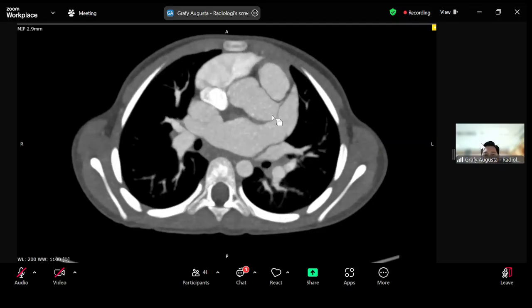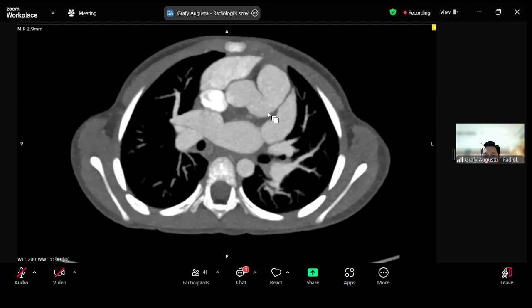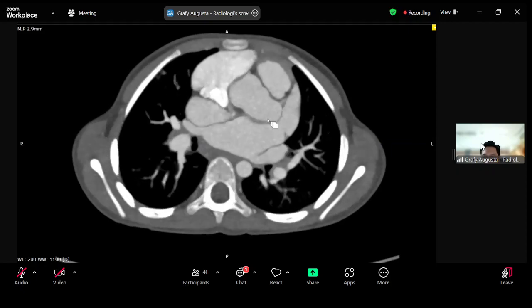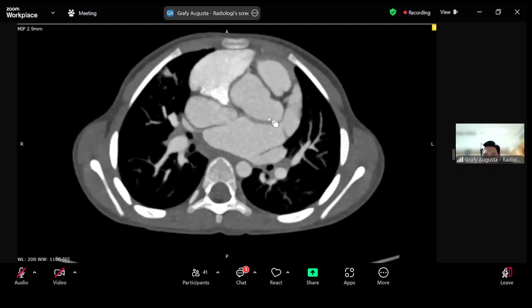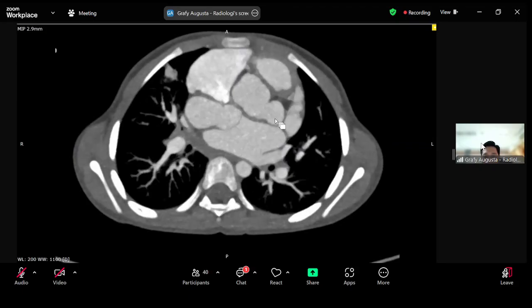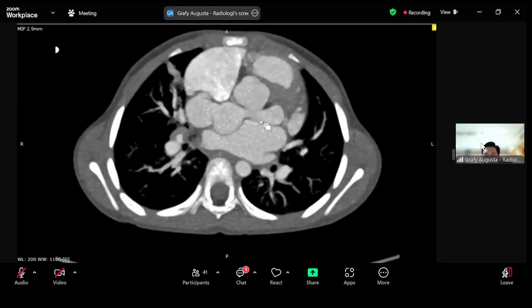However, in this patient, there is another branch. You can see here, there is another branch that goes posterior between the left and the right atrium, rising from the LCX.